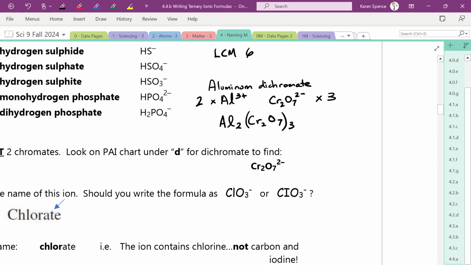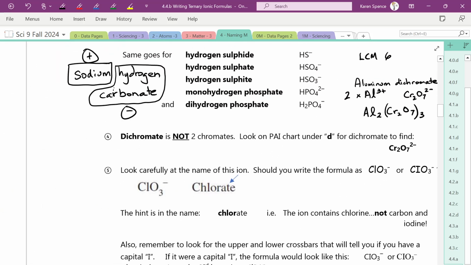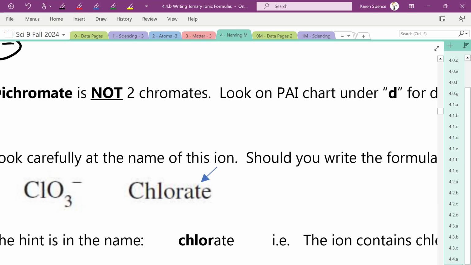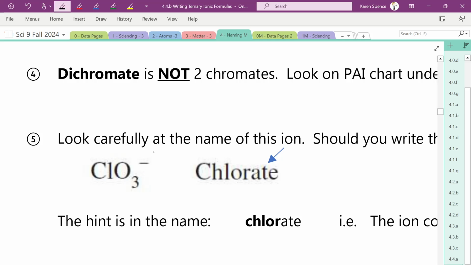Now, here's a little tricky one, and I have an ion, and it is named chlorate. And on your green sheet, it looks like this. I would like you to tell me, is this letter, this one right here, is that a 1?